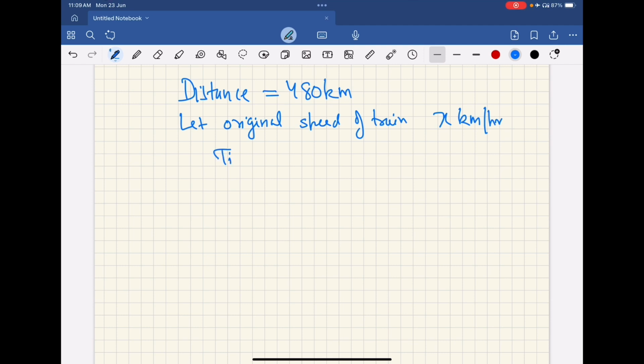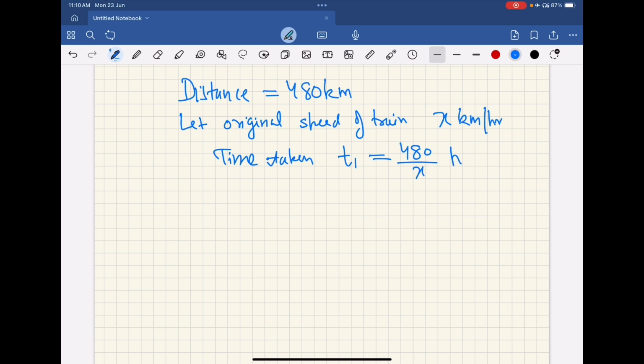So what would be the time taken to cover the distance? So let us write time taken to travel 480 kilometers. So let us say t1. So as I said, time is what? Distance by speed. So time would be 480 by x hours.